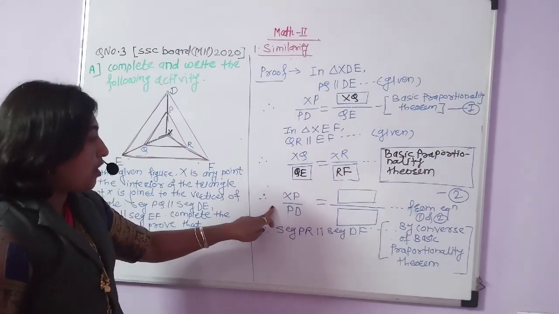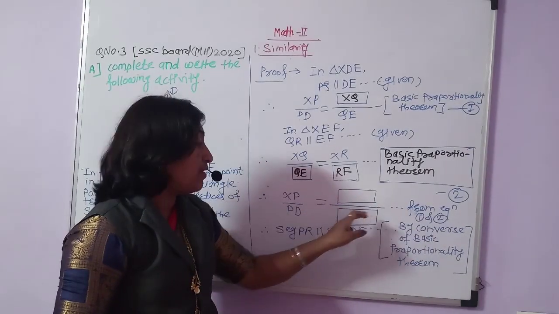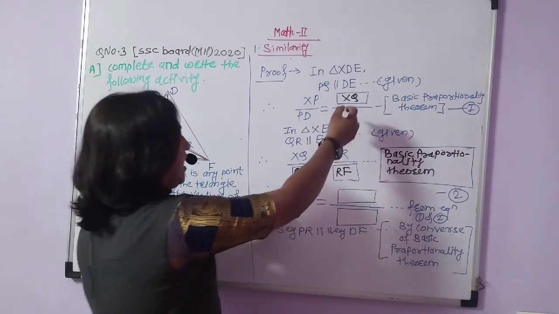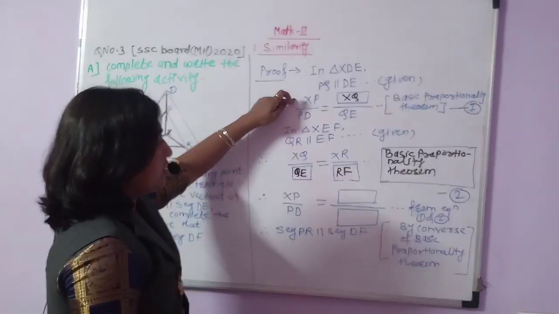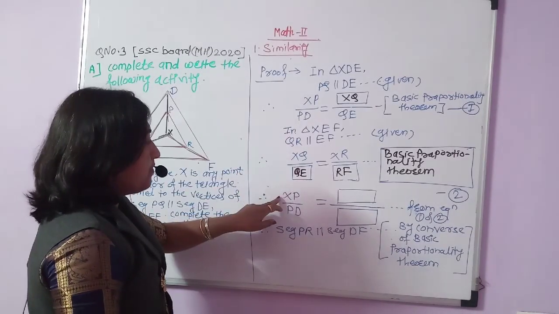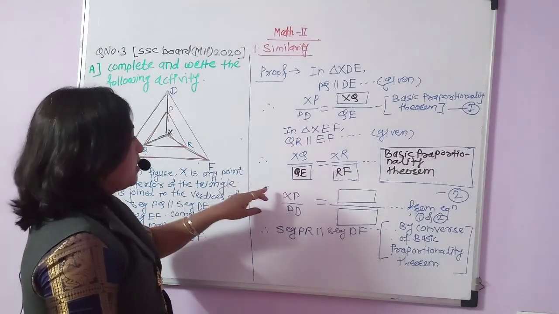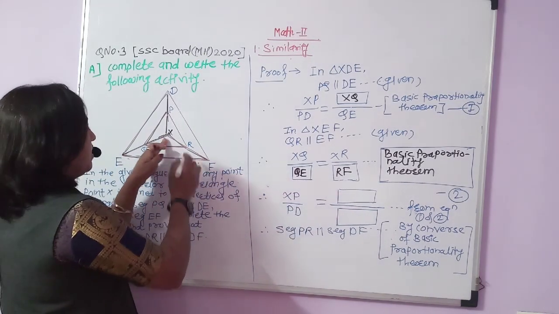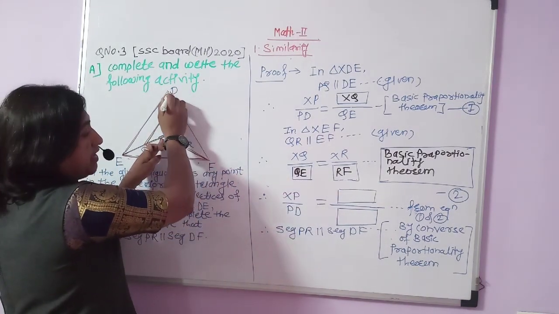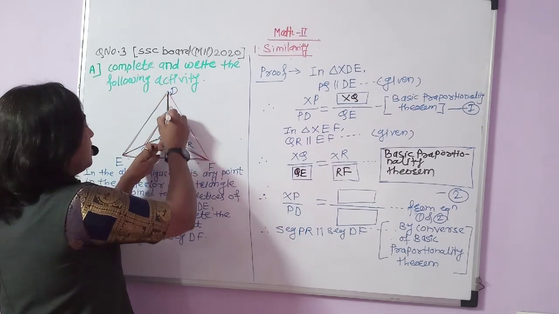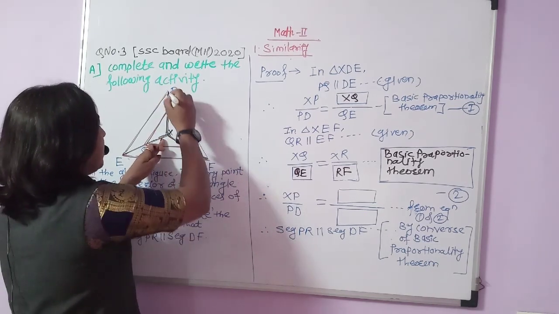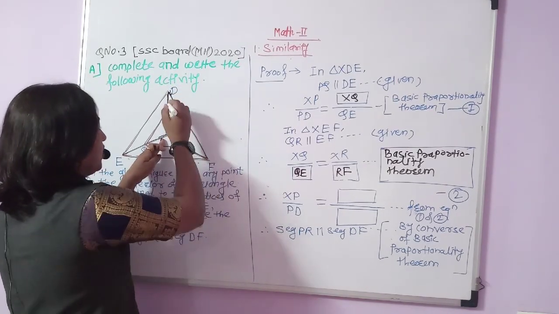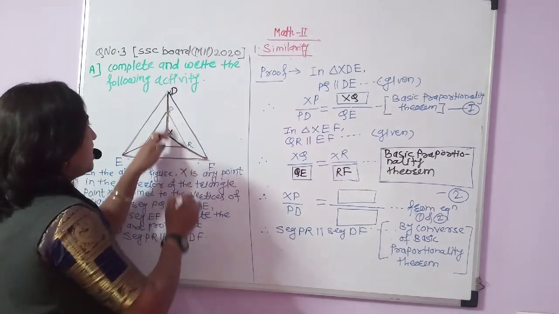Then from equation 1 and 2, we fill the blanks here. From equation 1 and 2, see carefully equation number 1 and equation number 2. We get XP upon PD, and we observe this triangle. Which triangle? XDF.